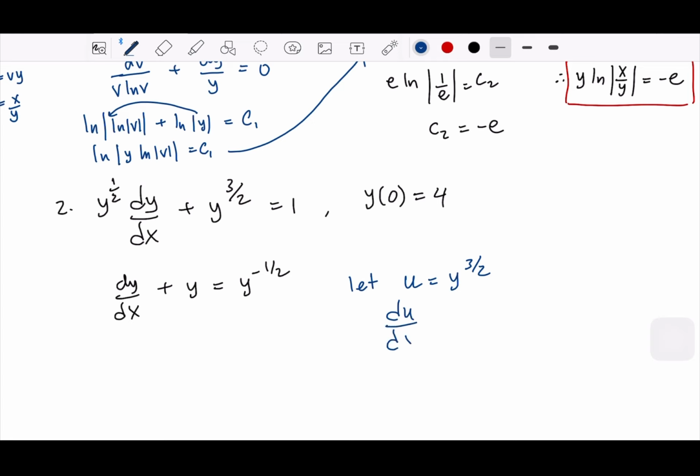So du dx is 3 over 2 y to the half, and then dy dx.